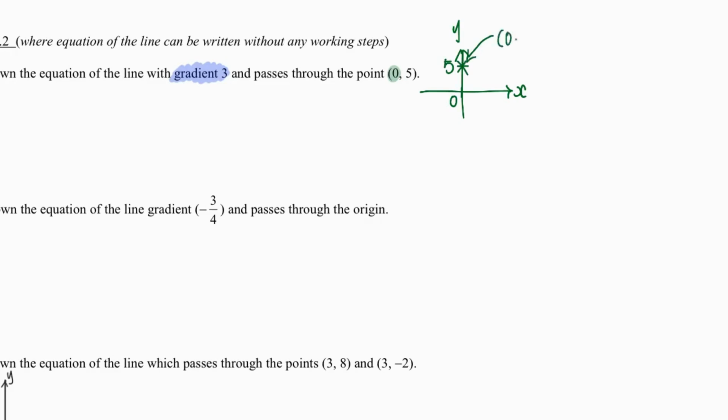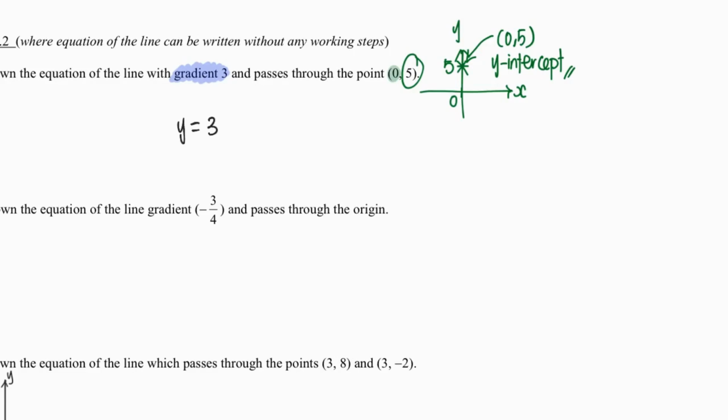This point here is 0, 5. That means it is what we call the y-intercept, and therefore this 5 is pretty straightforward. I will be able to write down my equation very quickly.